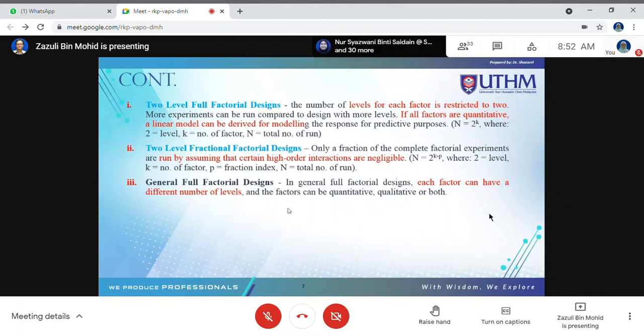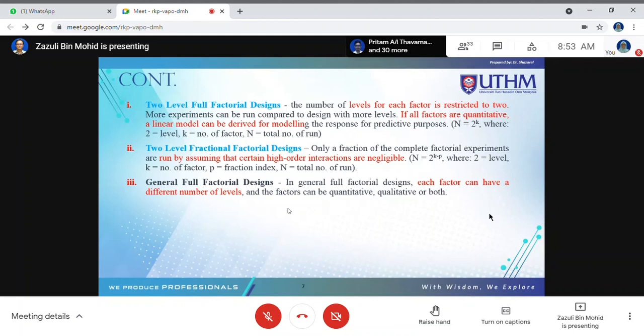Maybe when you conduct a drilling experiment, the factors are the rotation speed and the thrust force. For rotation speed we can give the maximum rotation speed for the tool and the minimum rotation speed for the tool.